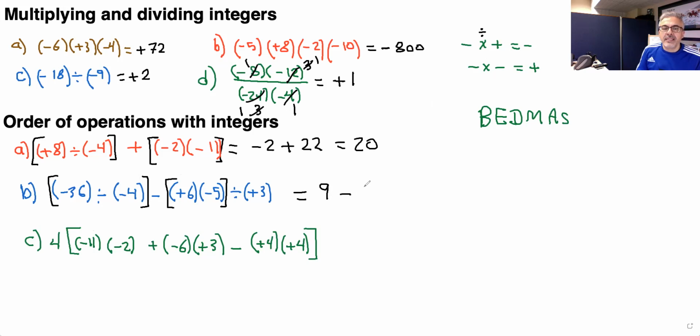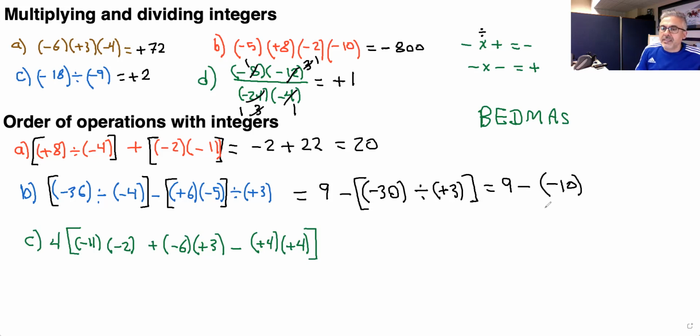Your minus, and then 6 times -5 is -30. Oops. Divided by +3. Now, of course, you have to do this here, which gives you 9 minus, and -30 divided by 3 is -10.